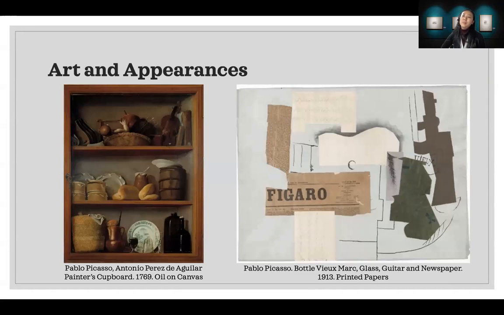Now, let's move on to art and appearance. These two works of art were made by one artist, Pablo Picasso. Picasso mastered the left painting style, the traditional technique, while still a teenager.